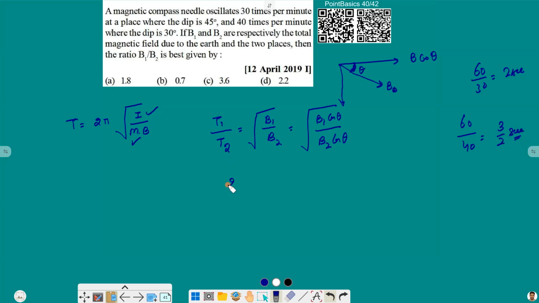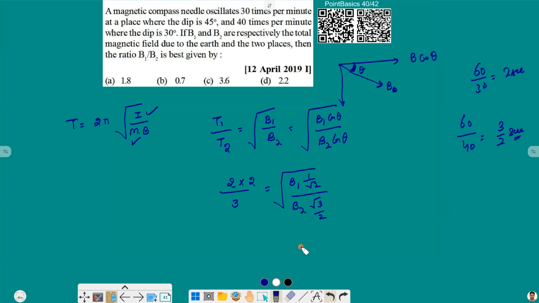So T1 will be 2 and T2 will be 3 by 2, equal to B1 cos of theta, that is 45 in the first. So cos 45, that is 1 by root 2, and 30 in the second. So cos of 30, that will be root 3 by 2.